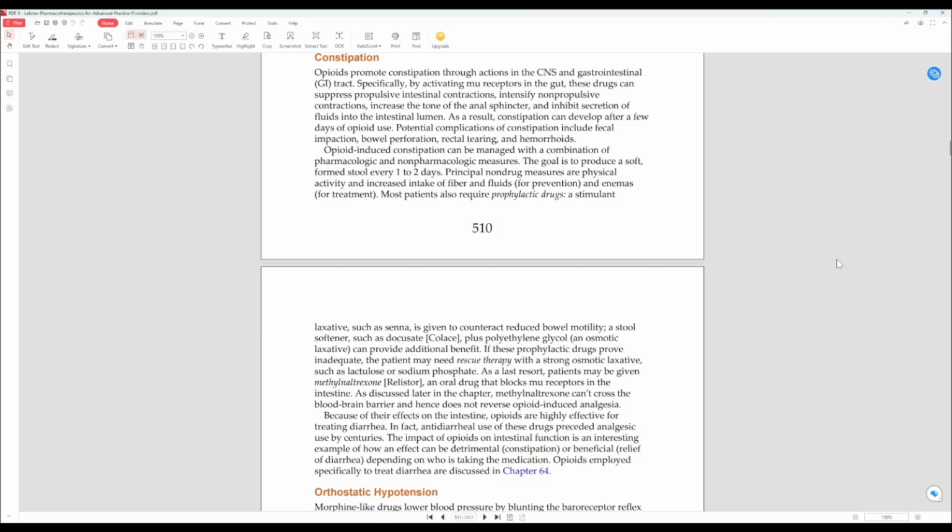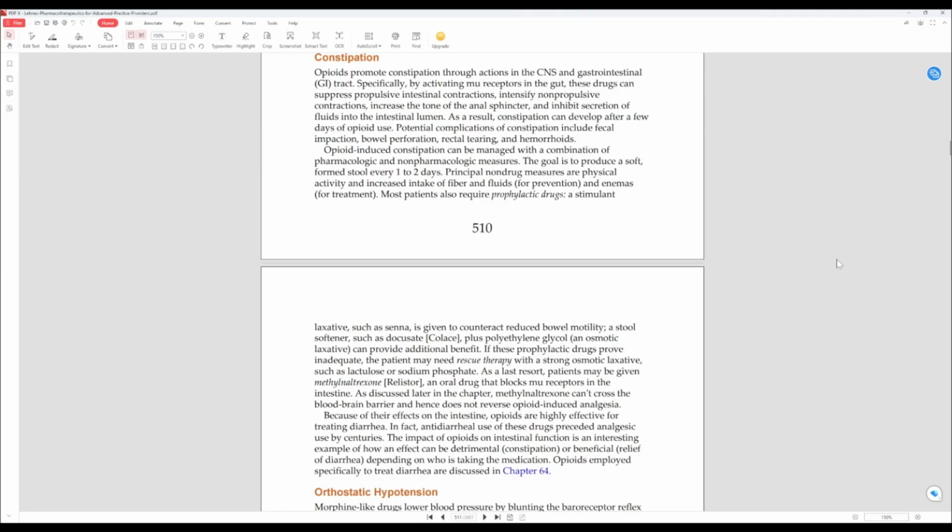Most patients may also require a prophylactic drug, such as a stimulant laxative, which would be senna or Peri-Colace. It may be given to counteract reduced bowel motility, and again, we may also give a stool softener, which would be your docusate or Colace, plus polyethylene glycol, an osmotic laxative that can provide additional benefit.